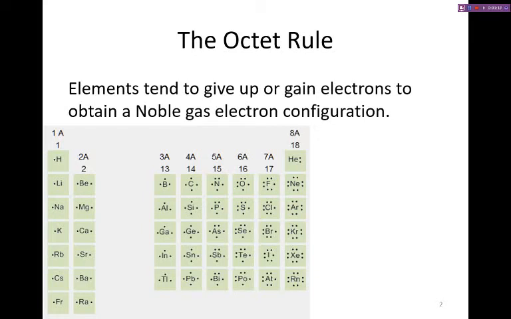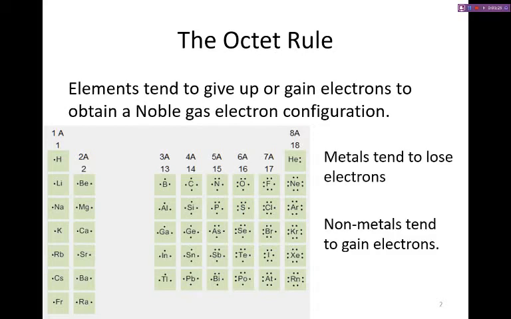In the ebook, it goes into more detail about the symmetry of the orbitals, and if you're interested in learning more about that, you can read up on it. But what we need to know is that the metals, the elements on the left side of the periodic table, will tend to lose electrons, whereas nonmetals tend to gain electrons.